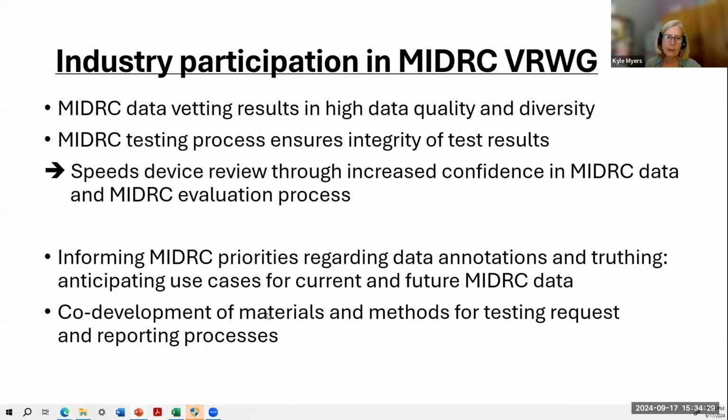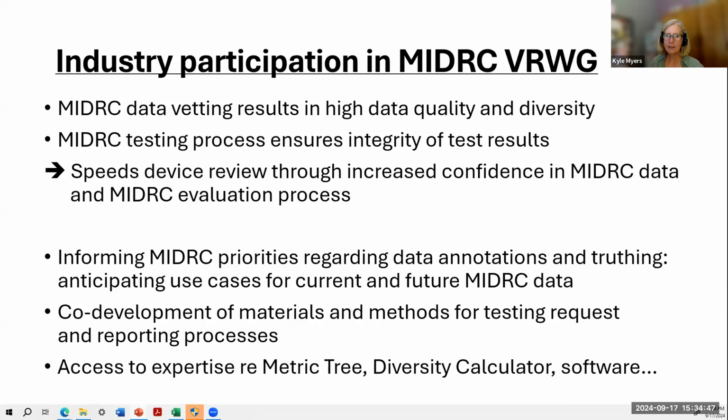They are co-developing with us materials and methods for testing, requests for testing, and what kind of reporting they would want to see that might be different from what would be given to FDA. They also, of course, have access to expertise from those within MIDRC's community of investigators who have developed the kinds of tools that would also be supportive to their enterprise, like the metric tree, the diversity calculator, and the software.